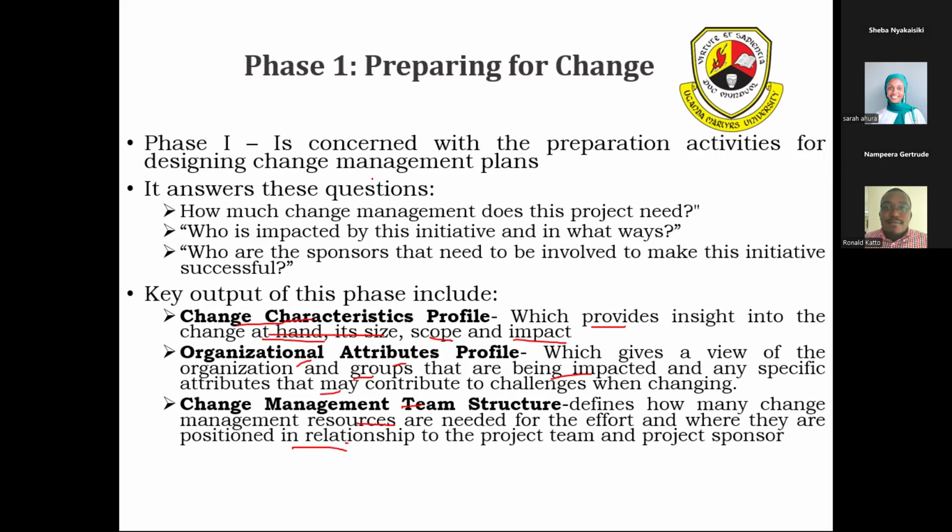Now, let me first go back specifically and talk about sponsorship. It's very important when you have peer-to-peer change-led management. What do I mean? I think I gave you an example that when I was head of ICT operations at UMO, and as ICT, we tried to bring about change in teaching and learning by introducing e-learning, and we had negative impact.